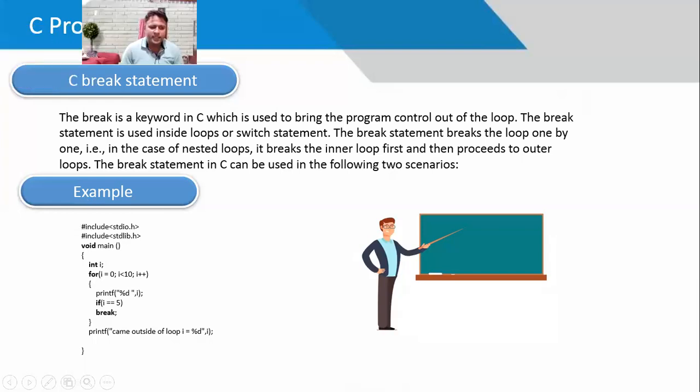The break is a keyword in C which is used to bring the program control out of the loop. The break statement is used inside the loop or switch statement. The break statement breaks the loop one by one. In the case of a nested loop, it breaks the inner loop first, then proceeds to the outer loop. So first your looping is working, and before the loop is over, it breaks that loop.